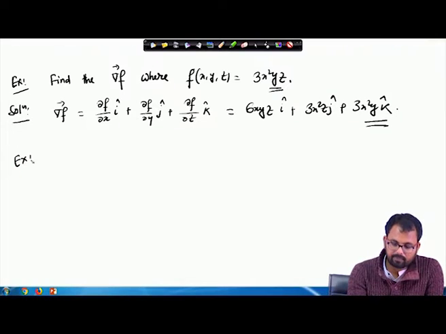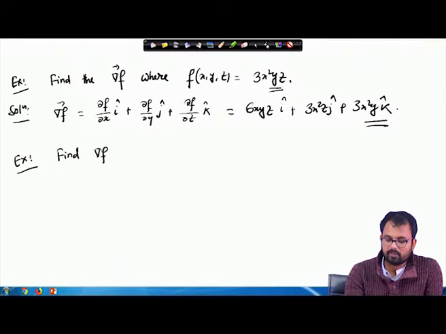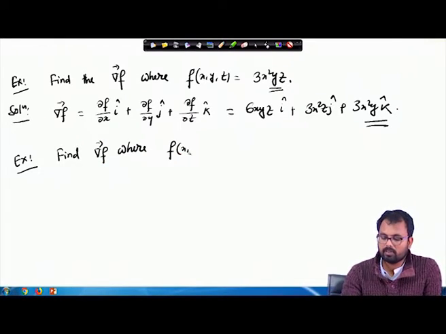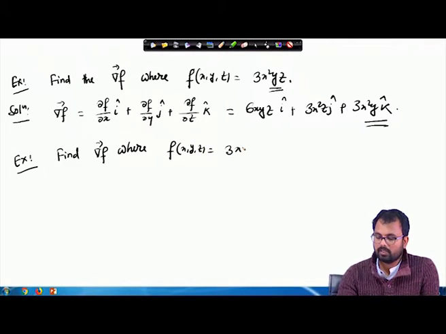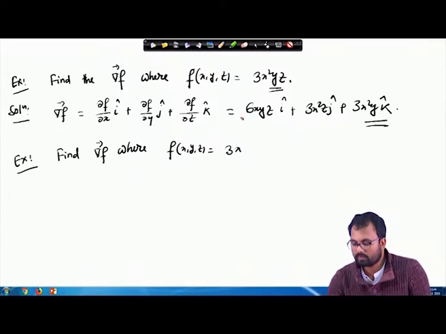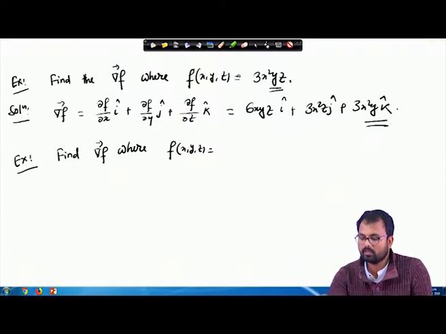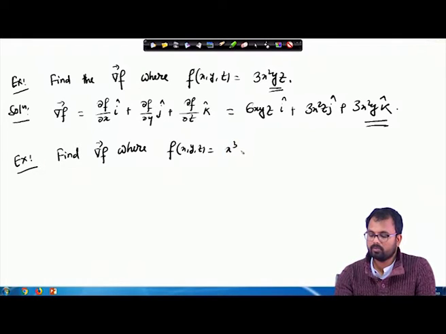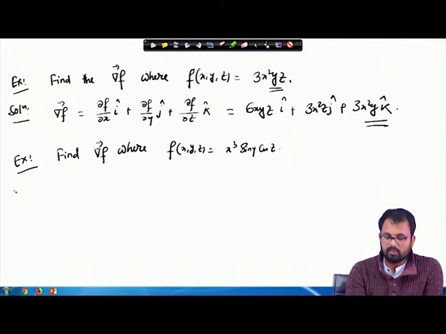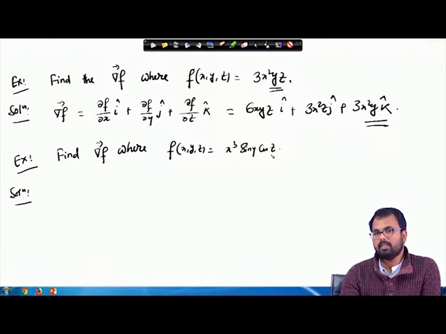Let us say, find the gradient of f where f(x, y, z) is, let us not have 3, I can consider x cubed sin y cos z. Here obviously this is a differentiable function, at least with respect to x, y and z individually.